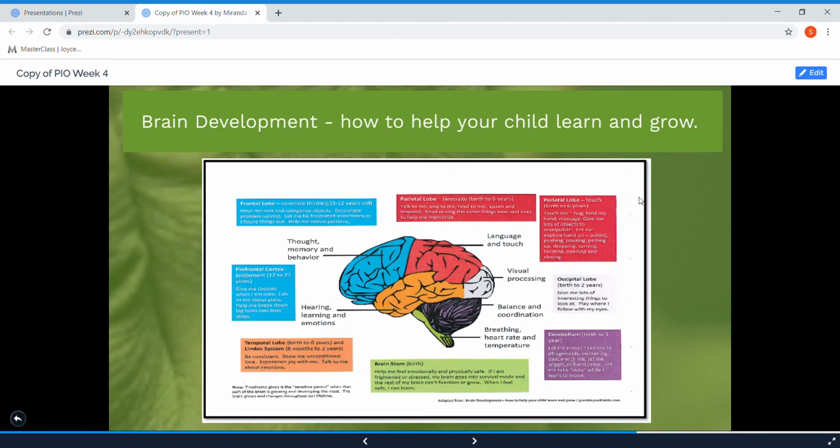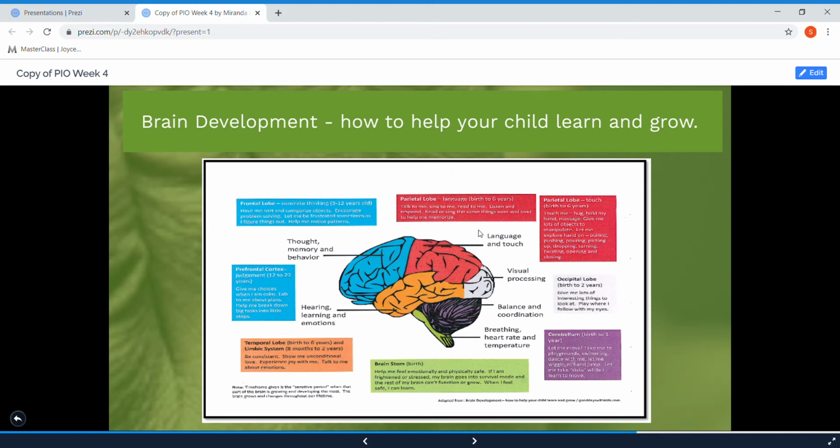So just like growing up happens in stages, brain development also happens in stages. So we have these different areas of brain development. I am a little nervous to try to pronounce them out loud, so maybe I'll refer to them by color instead, because I don't feel confident in my ability to pronounce them.